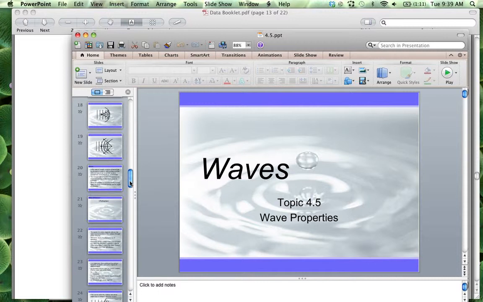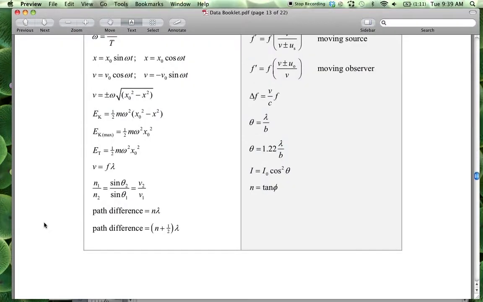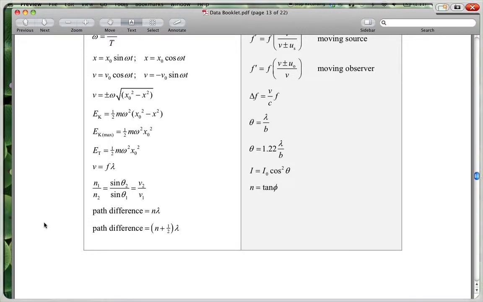What you do get though, if you've got two waves, say I've got this wave over here like this, one wave, and that has got a value of A, and I've got another wave coming here at the same time, and that's got a value of B. My board's out of sync, so it's difficult for me to draw.